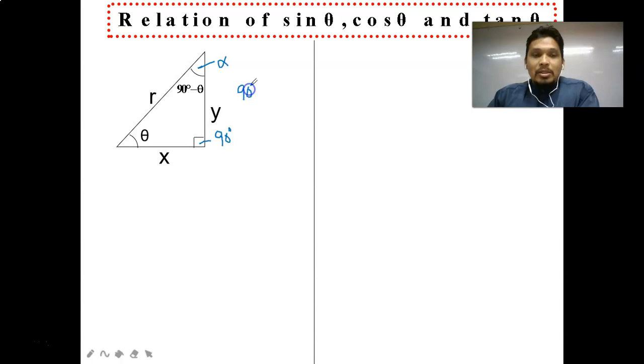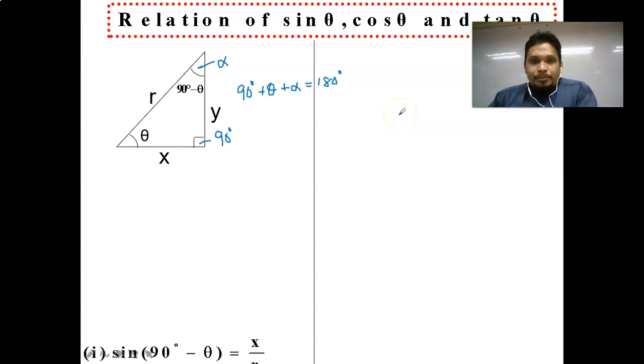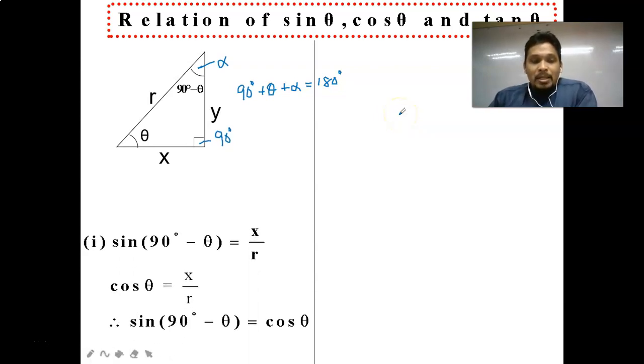So then 90 degrees plus theta plus alpha equals 180 degrees. So alpha is 90 degrees minus theta. So the sine of this angle is opposite divided by hypotenuse, x divided by r.